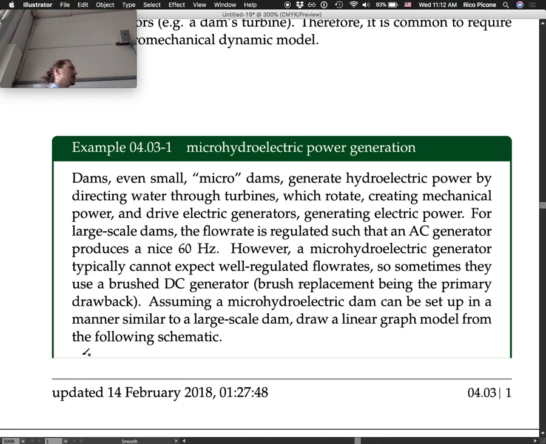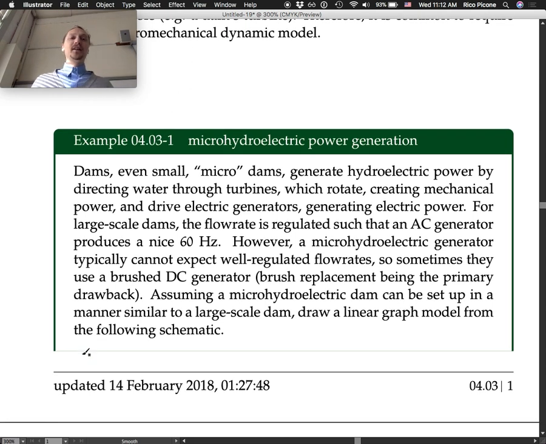So let's do an example. A micro hydroelectric power generator. So this is fun. Dams, even small micro dams, generate hydroelectric power by directing water through turbines, which rotate, creating mechanical power and drive electric generators, generating electric power.